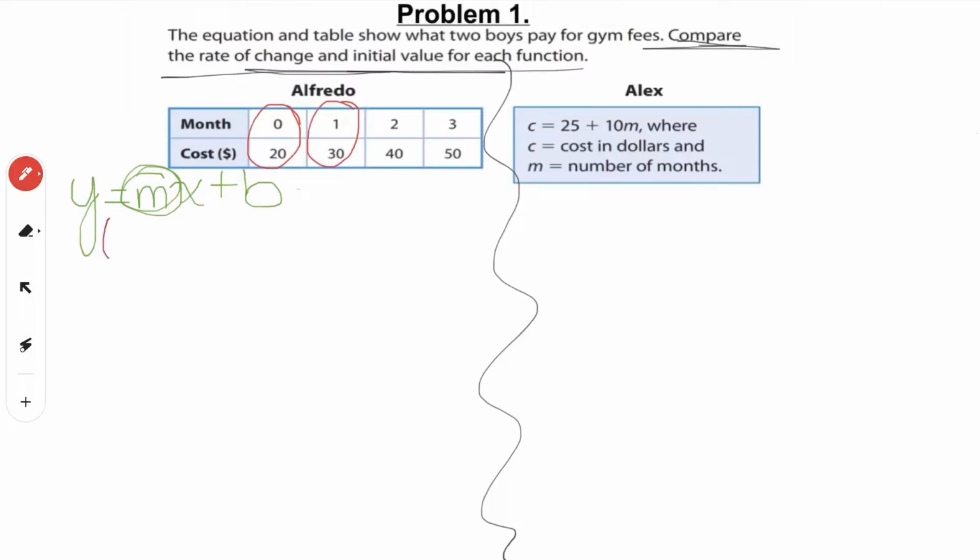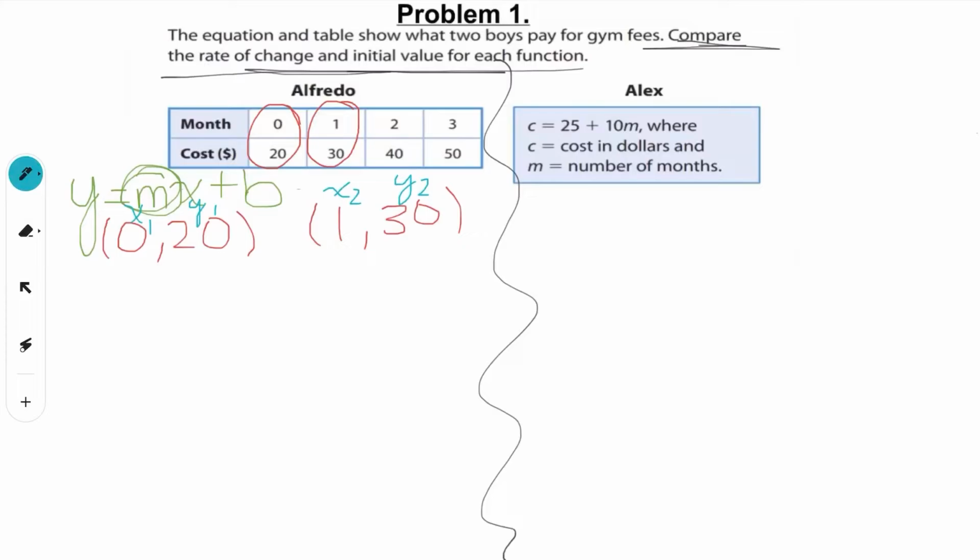After we choose our 2 points, I want to identify my x1, y1. 0 is my x1, 20 is my y1, and for my x2, y2, 1 is my x2, 30 is my y2.